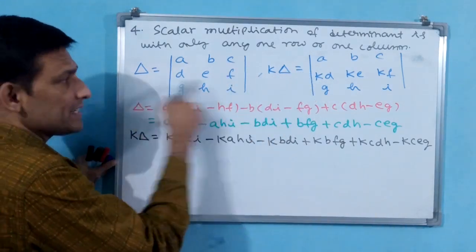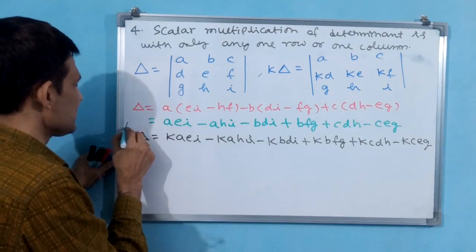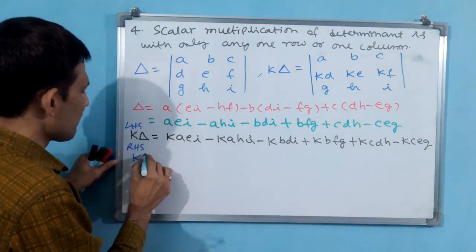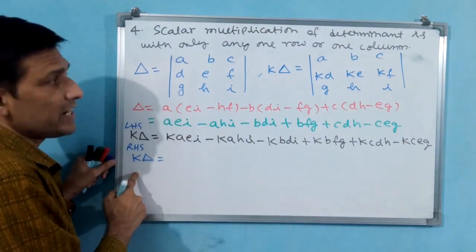Now we can say this is LHS, this is RHS. On the RHS also we are again finding K delta.